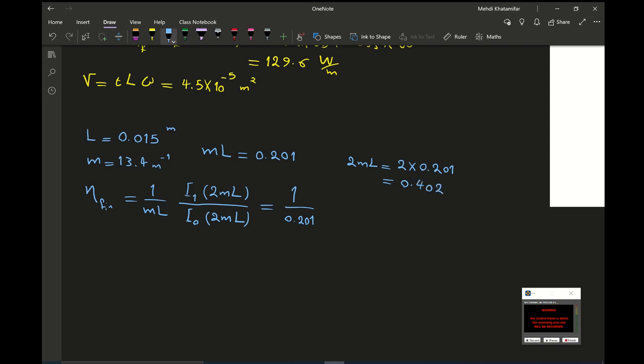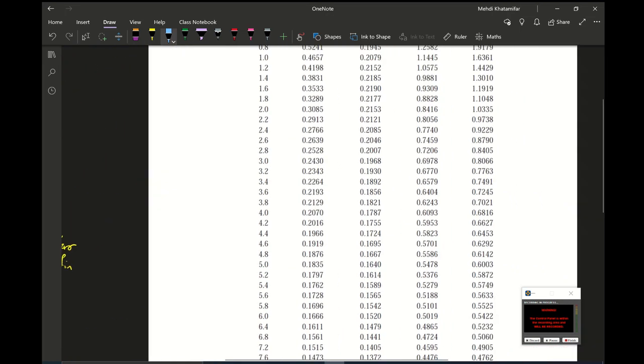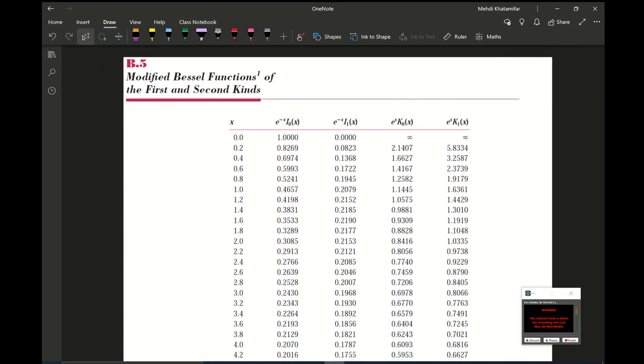So let's find the Bessel function of 0.4. I have a table for the Bessel function of 0.4. 0.4 is going to be this one, and I need to find this value.